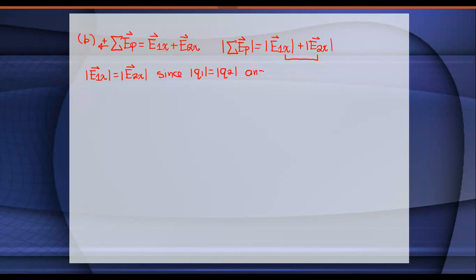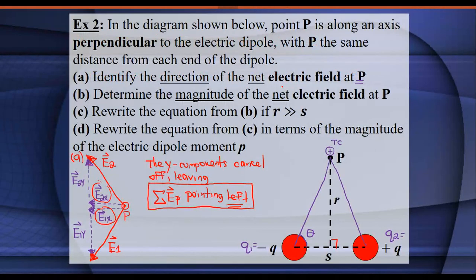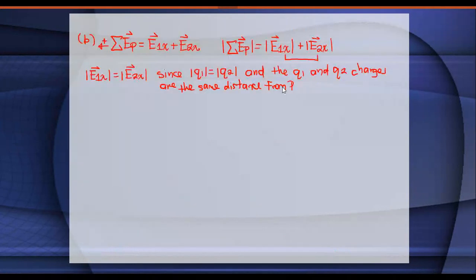And the charges Q1 and Q2 are the same distance from P. And it flat out told us that in the problem. It said P is the same distance from each end of the dipole.